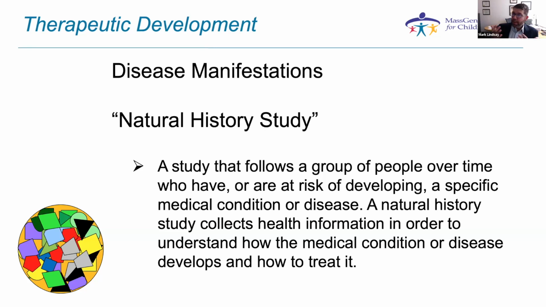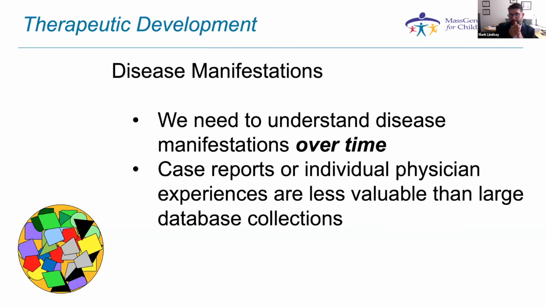So we want to understand the natural history of patients with Myhre, even if they're taking losartan, or a different blood pressure medicine or different meds. And we need to understand it over time and how it changes over the lifespan, so that we can target a therapeutic range.